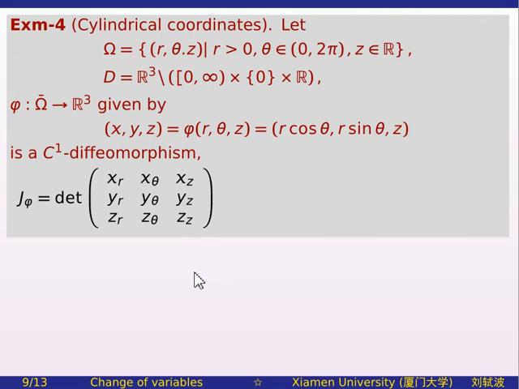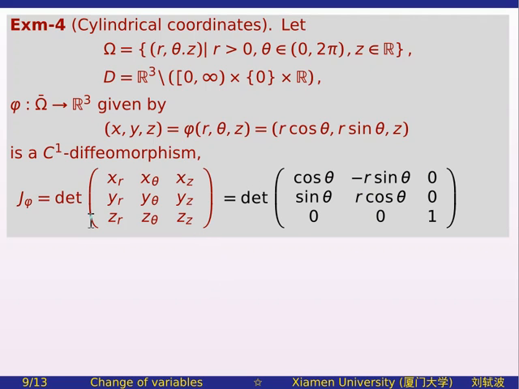By a simple computation, you will see that the determinant is r, just like the polar coordinates in 2 dimensions. So this is cylindrical coordinates. It is very useful when the integral you want to compute involves functions of x squared plus y squared, because x squared plus y squared is r squared.